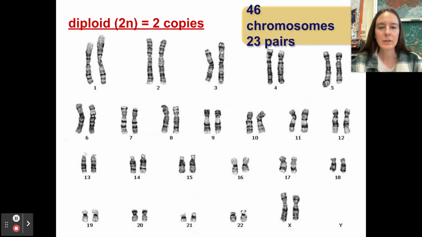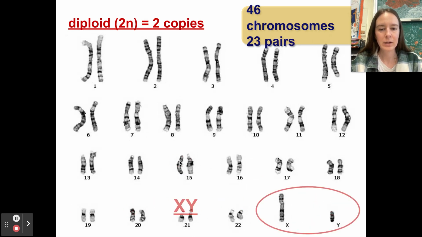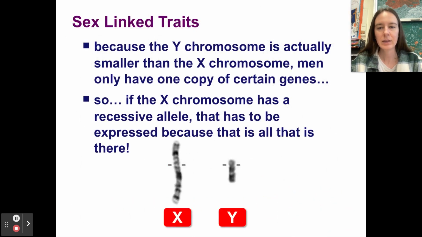So again, we kind of talked about this in past units, but a diploid cell is 2N, has two copies of each chromosome, and the last chromosome, X and Y, two copies, either XX or XY. So here would be XY. Now, sex-linked traits: the Y chromosome is really small, so it only has a copy of a few of the genes, like right here.